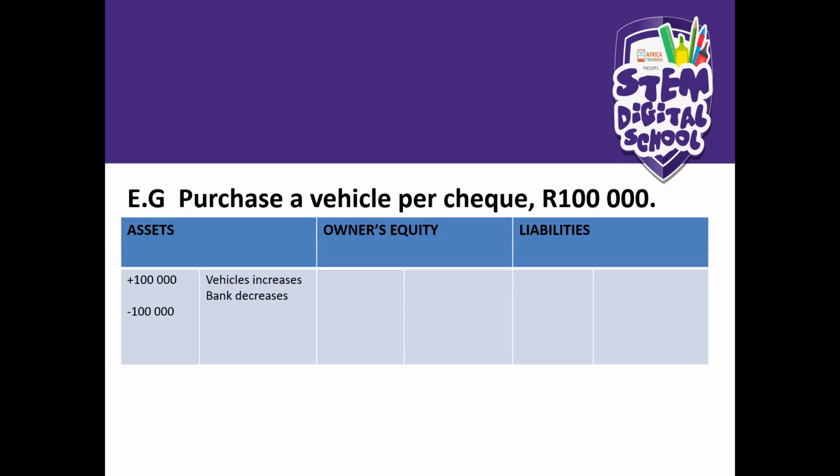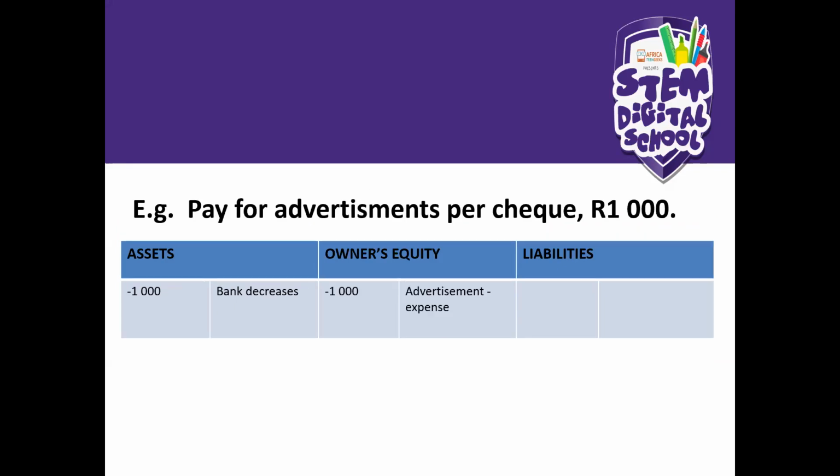And then you need to pay for that vehicle. So with assets, it's also going to be minus 100,000 rand because you need to pay for it. Your bank is going to decrease, and bank is also an asset.